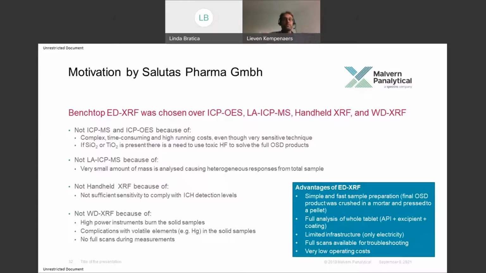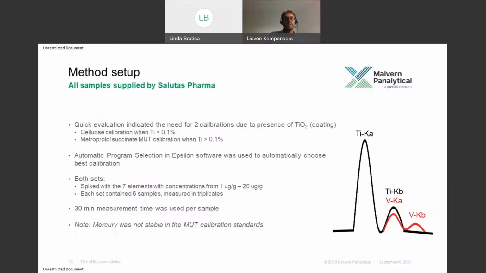That's also what the customer is using, and taking the full method. That includes the API, the excipient, and also the coating. And sometimes the coating can be titanium oxide, and that makes things complicated. But they found a nice, simple way also with XRF, and also very low operating costs.